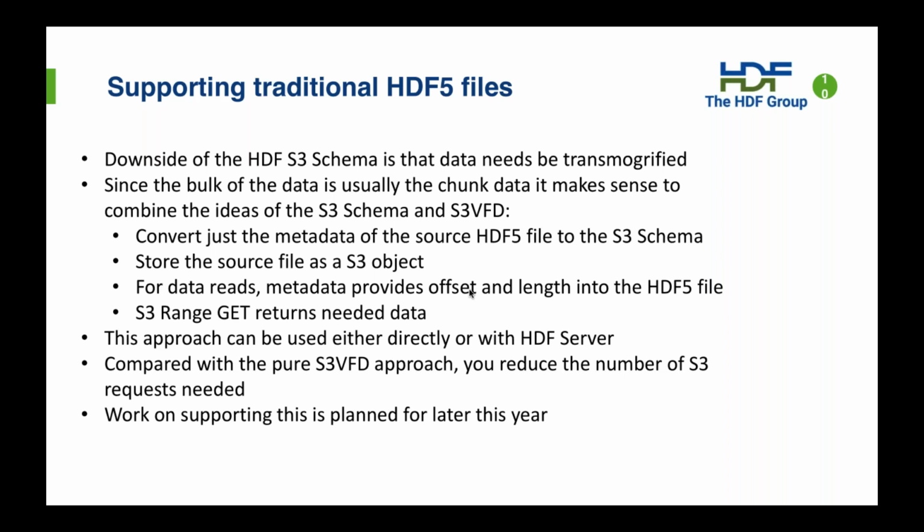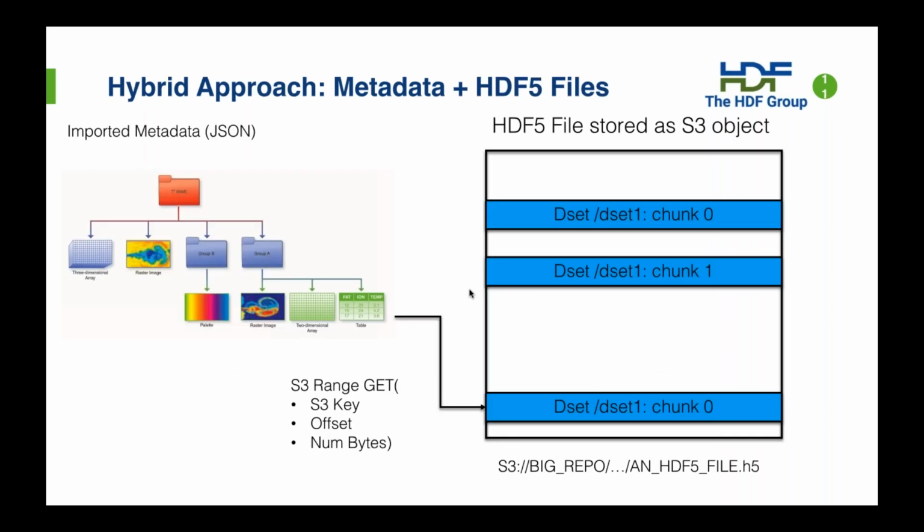So we've been thinking about this idea of pulling in just the metadata of the source files, and then access to the chunks is again through the range get. So now you have the best of both worlds, right? Because you have fast access to understand the metadata of the file, and the bulk of the storage still resides in the original HDF5 file.